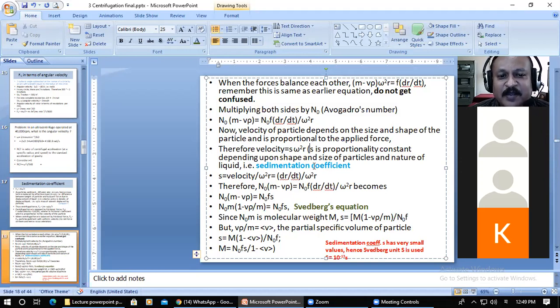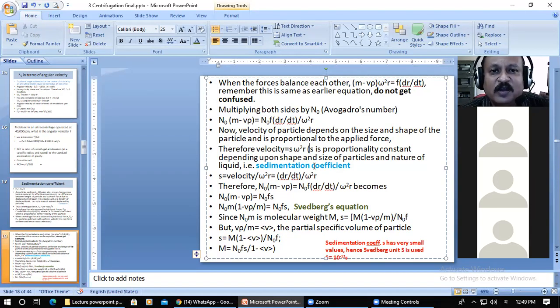As per the definition, 1 mole of any substance will contain Avogadro's number of molecules or Avogadro's number of atoms. Am I correct? You take 1 mole of NaOH, you take 1 mole of water, they will contain exactly the same number of molecules, and that is Avogadro's number of molecules. Is it okay?